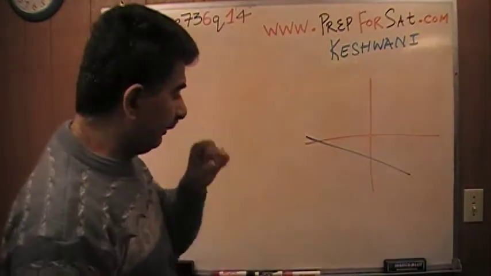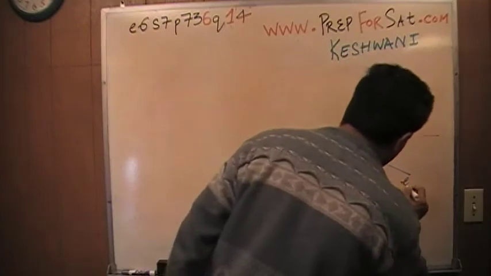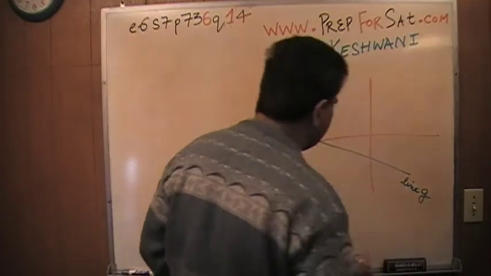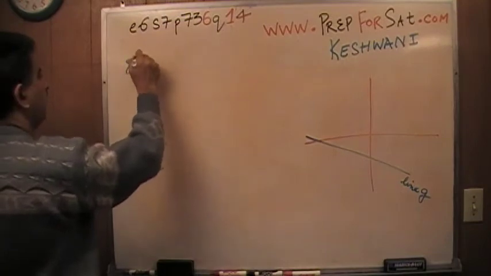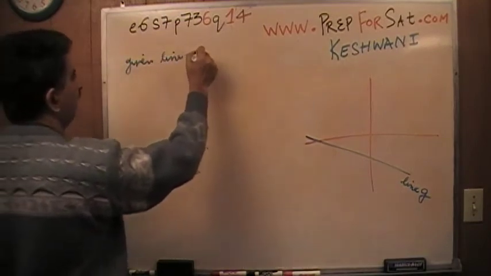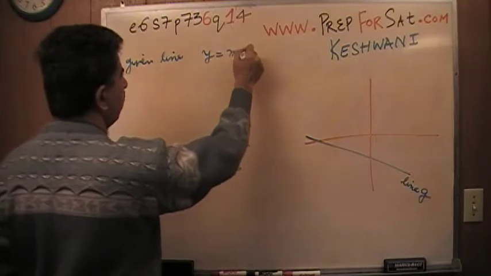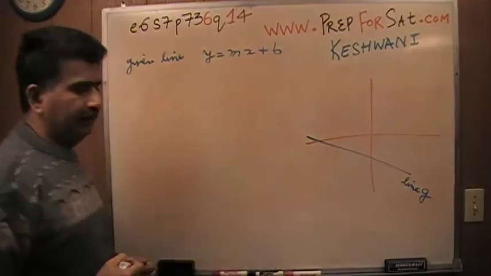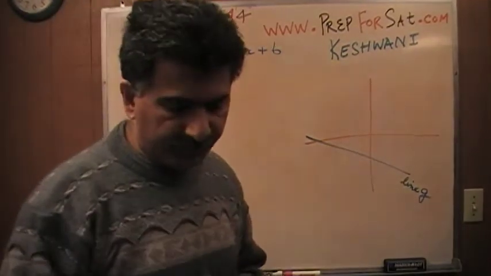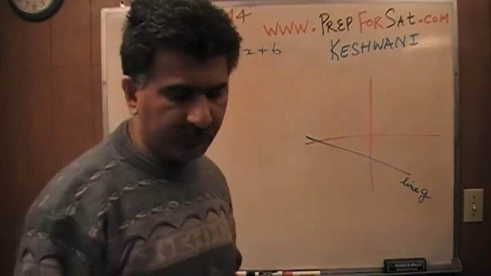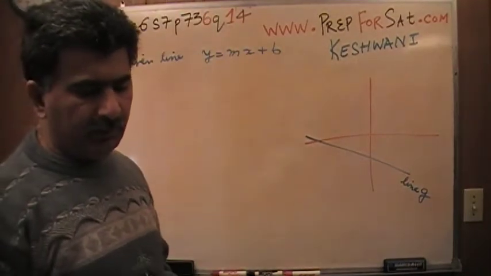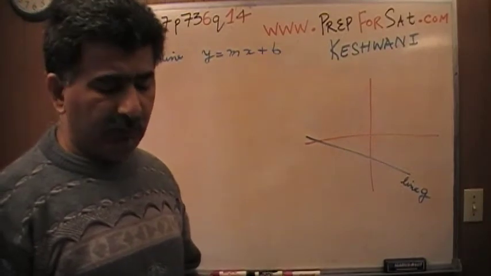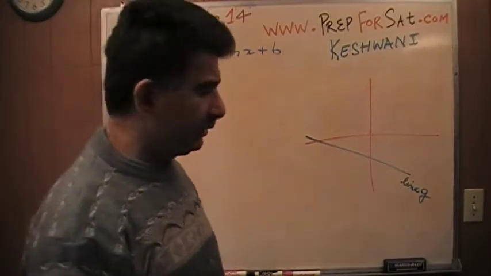This is our given line. I'm going to call it line G because it is a given line, and we are told that the slope is m. The standard form is mx plus b, and we are asked to locate a new line which has a slope 3 times as much.